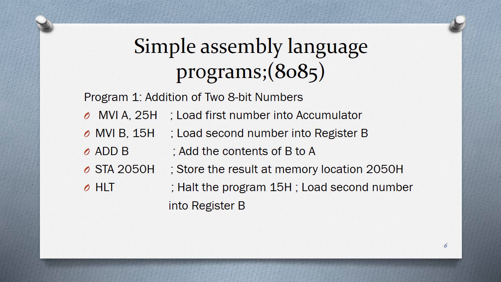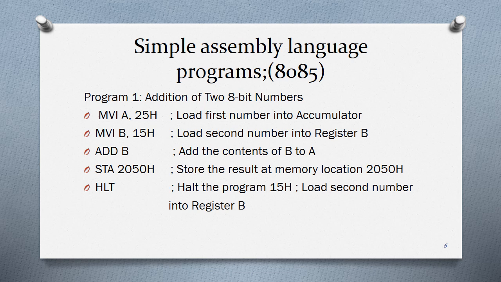Now going on to some simple assembly language programming, one program is the addition of two 8-bit numbers. Assume that we have two registers A and B, and we are moving some data immediately to the accumulator as well as to register B. So you have two MVI instructions; MVI is move immediate.